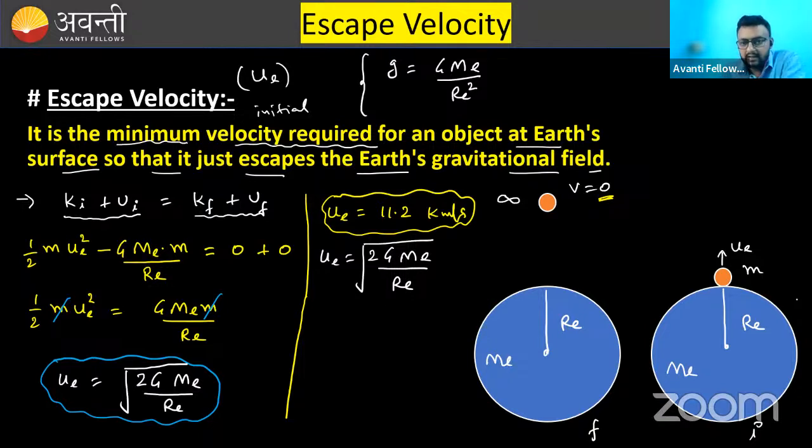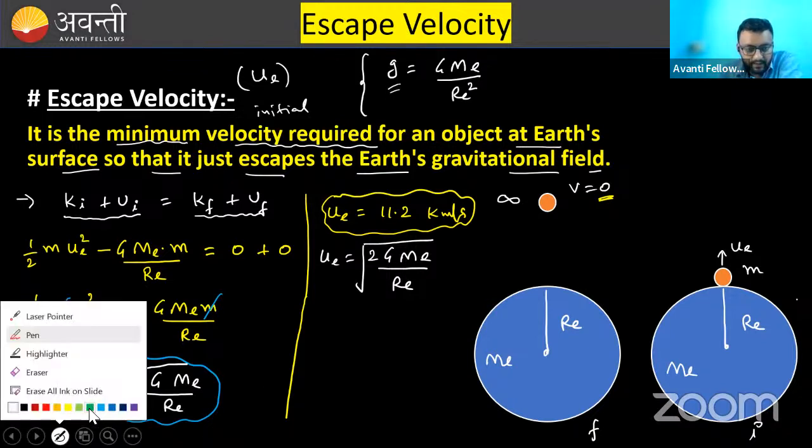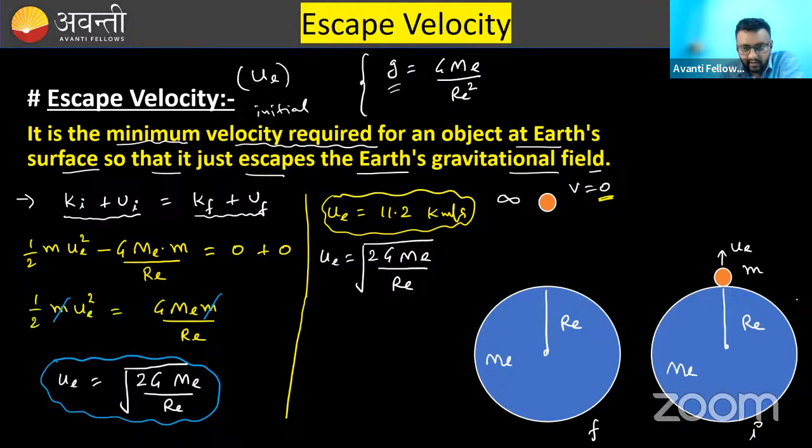Now I say, can we convert this relation into the form of small g? Yes, we can. If I multiply this term with Re and divide it by Re, can you see that G Me divided by Re square is small g?